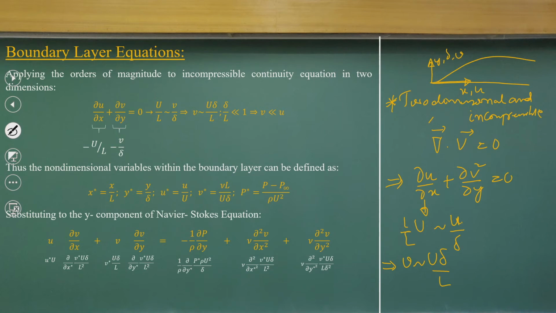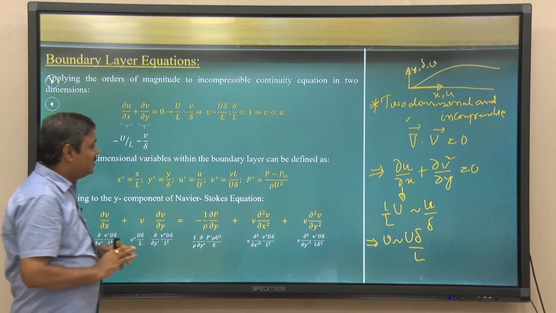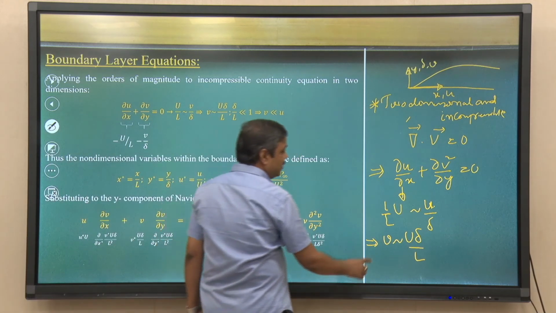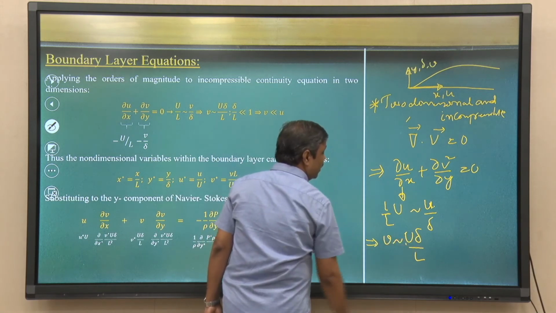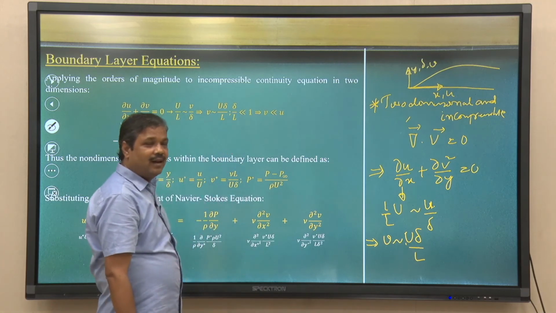This is order equating, so please do not treat it as equal signs. That means the order of the second velocity component is the free stream velocity times the boundary layer thickness divided by L.